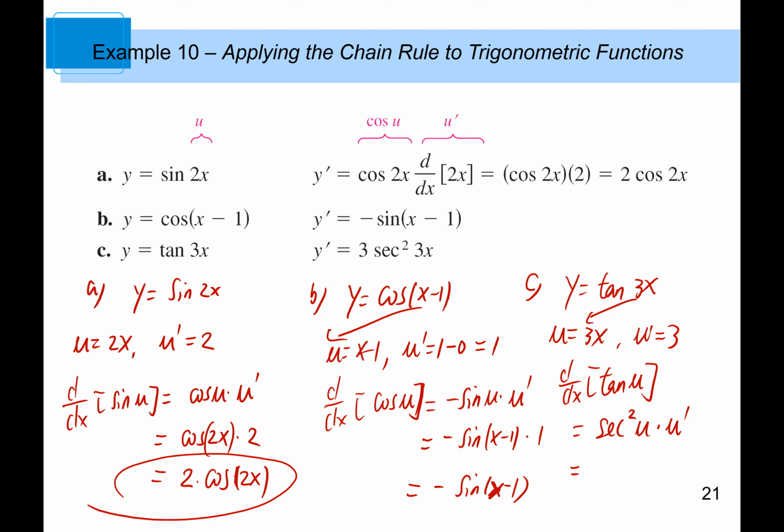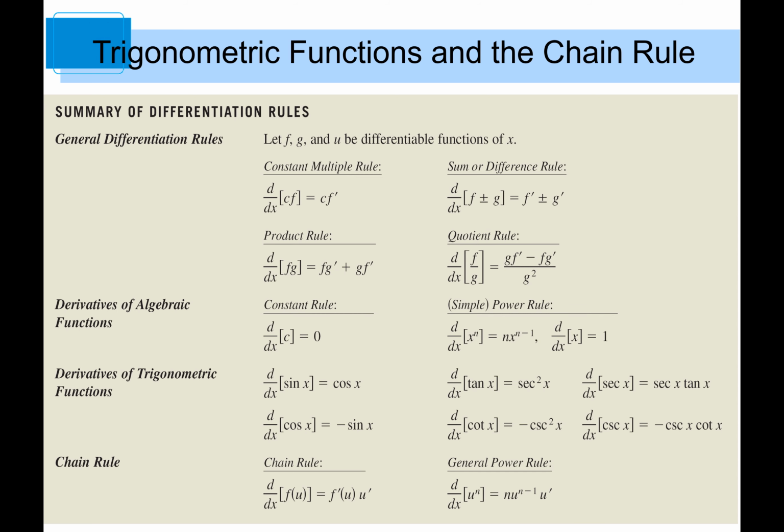I'll just replace u and u prime with the given number or expression. So secant squared of 3x times 3. So it becomes 3 times secant squared of 3x. Okay, so that's going to be the final answer.